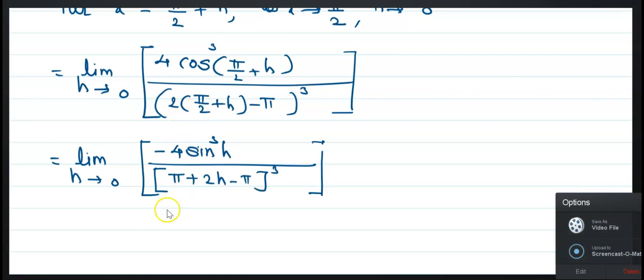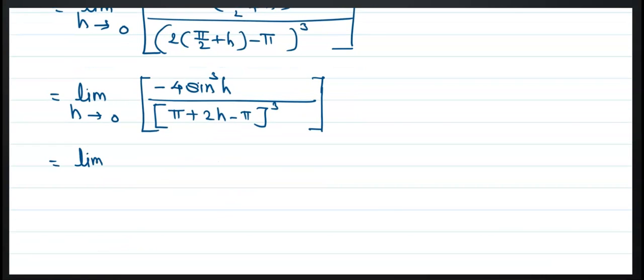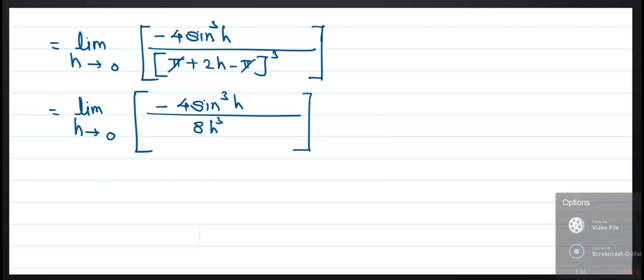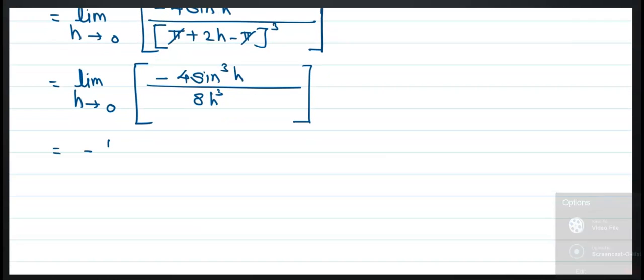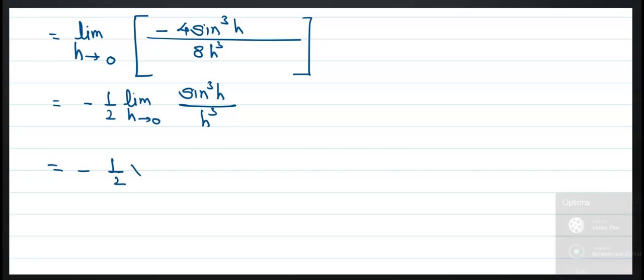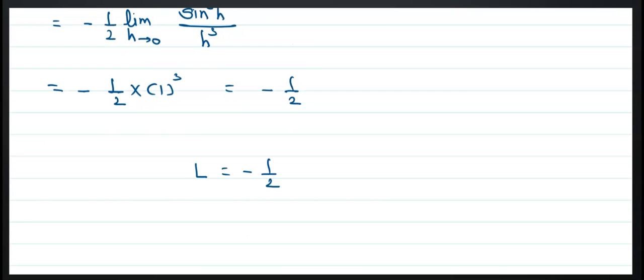If you multiply it, you will get pi plus 2h minus pi, where pi minus pi get cancelled. Therefore, limit h tends to 0, minus 4 sin cube h upon 8h cube. That is equal to minus 1 upon 2 times the limit of sin cube h upon h cube. Therefore, the value of the answer is minus 1 upon 2.